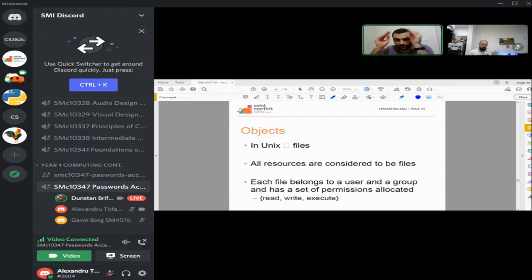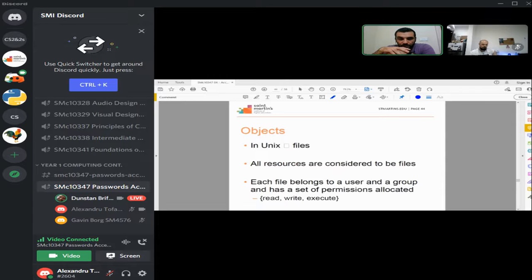No, everything is in the same box. And these are all considered to be objects. So even drives, files, whatever resource you have for the Unix system, these all fall under objects. Okay, so then users are restricted, according to the permissions which are set, in what they can access.